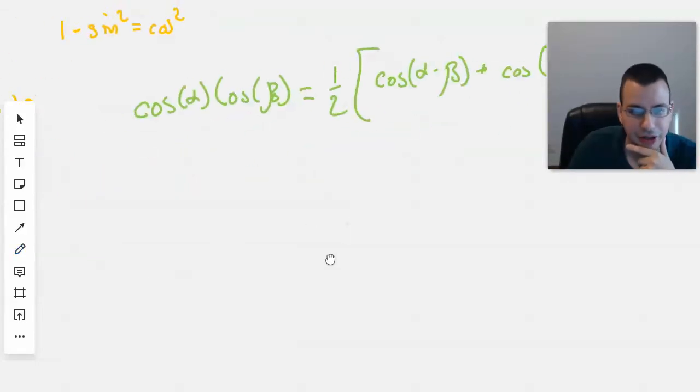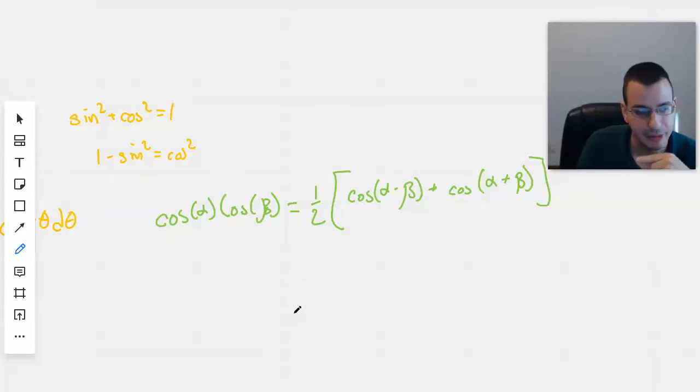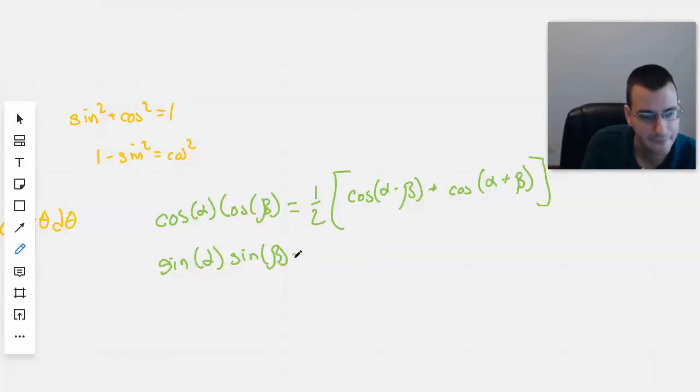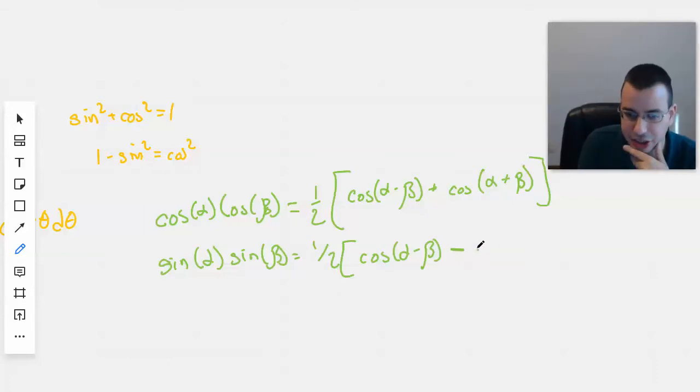Okay, I'm going to write the other two up just so that I have them. So if we had sine alpha times sine beta, that equals 1/2 cosine alpha minus beta, and then we do negative cosine alpha plus beta, because the sign is all that changes.